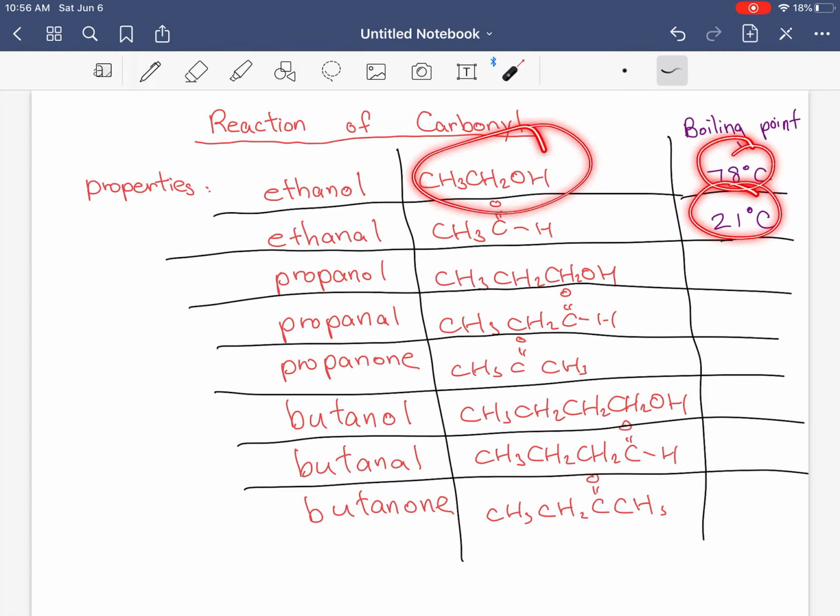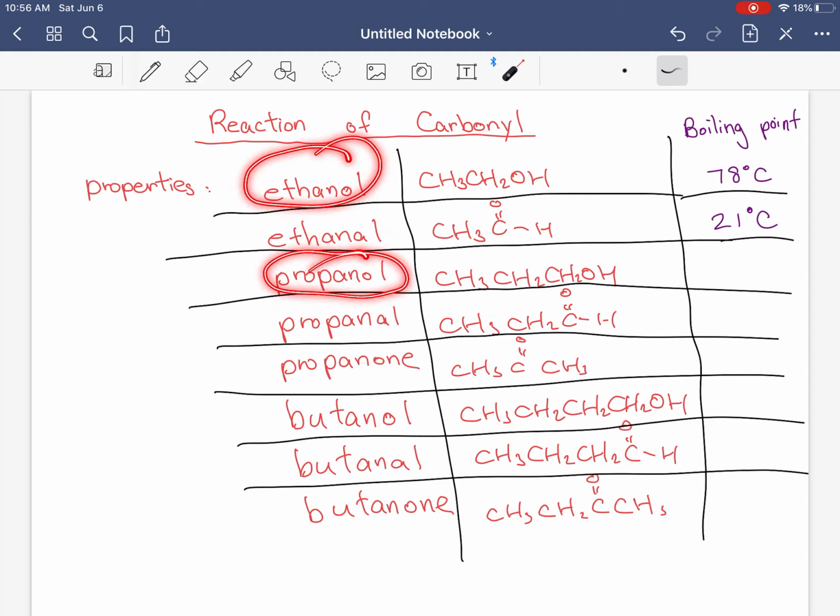Okay, both of these guys are 2-carbon organic compounds, of course, with 2 different functional groups. Because of the OH, that increases the boiling point a whole lot more than C double bond O does. Okay, now let's continue. Okay, what about propanol? Let's compare ethanol and propanol. What's the difference between ethanol and propanol? Well, chain length.